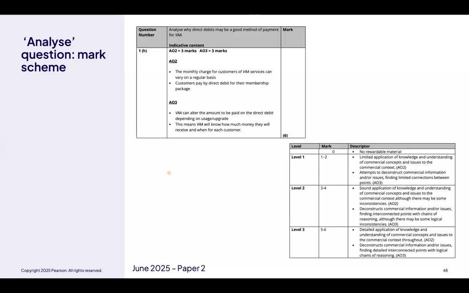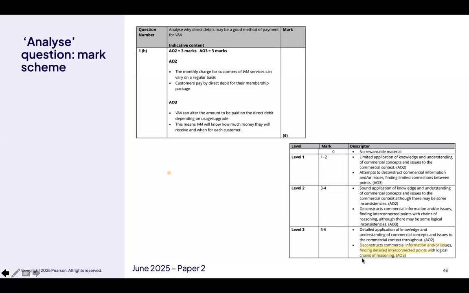For analysis, shall I do that again? I'm just annotating on here: you have to have 5 linked strands of development, and it all has to be in the context of this business.